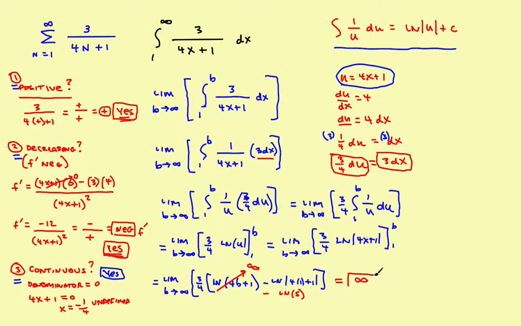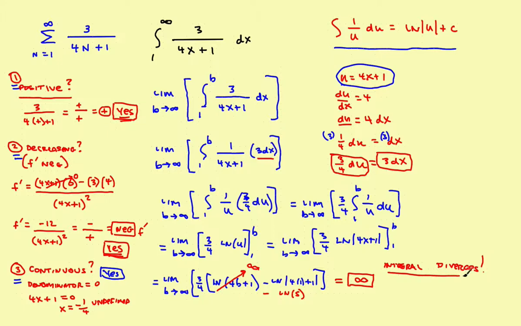Now that means that this thing right here does not exist. It doesn't settle on a fixed number, it goes off to infinity. And what that tells you, going back to your rule, is that the integral diverges. So it didn't settle on a fixed number.